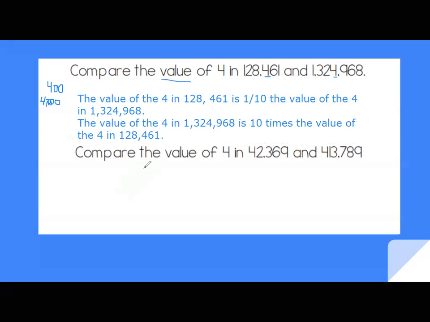Now we're going to compare the value of the 4 in 42,369 and the 4 in 413,789. If we first look at this 4, it is in the 10,000s place, so it has a value of 40,000.